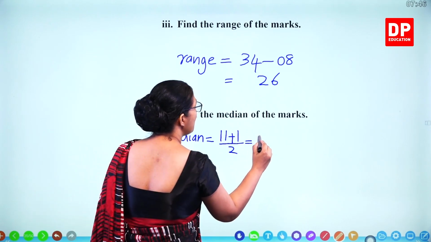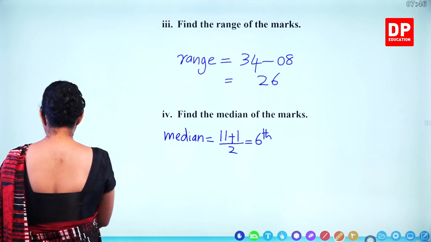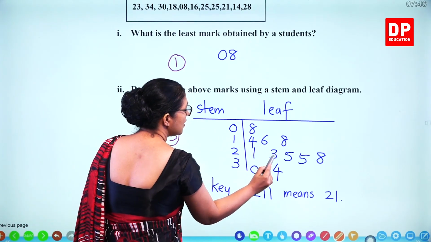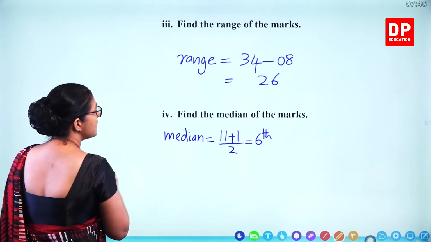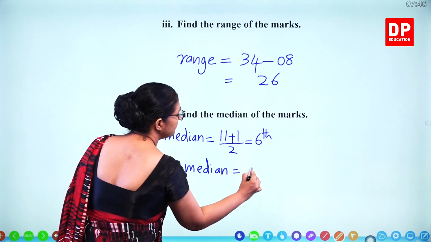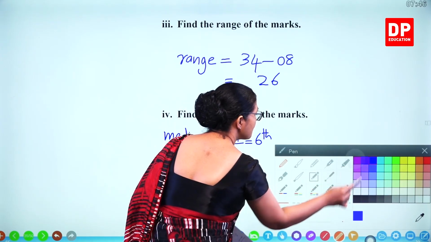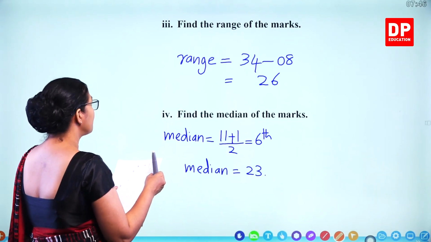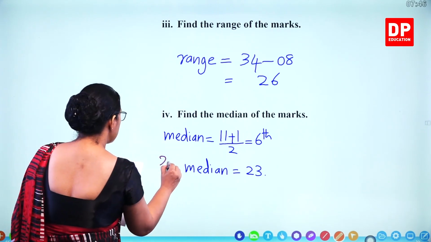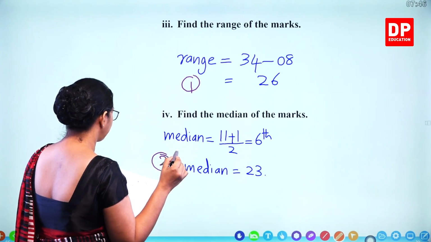So 12 divided by 2, that means the 6th one is the median. 1, 2, 3, 4, 5, 6. 23 is the median. So how many marks? You get 2 marks for 23 and 1 mark for finding the range.